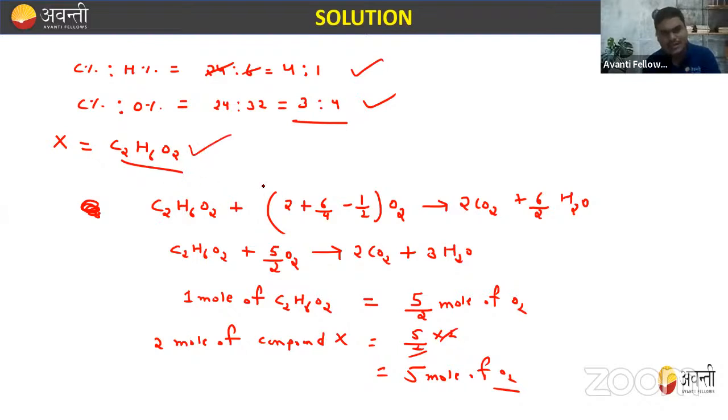Now we just write the combustion reaction of C2H6O2 with O2. So we'll get 2 CO2 and 5 by 2 mole of O2. So 1 mole of C2H6O2 required 5 by 2 moles of O2. So 2 mole of compound X required 5 by 2 into 2. So we get 5 moles. Clear है? यह question 2020 में आया था. Clear है? चलो.